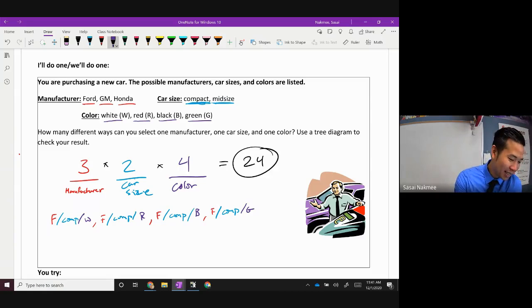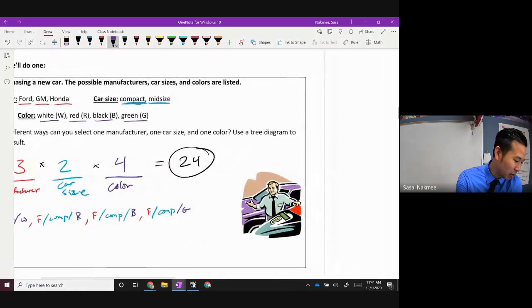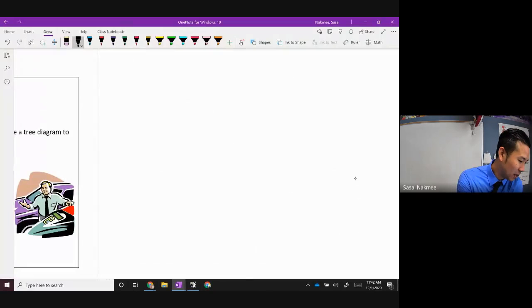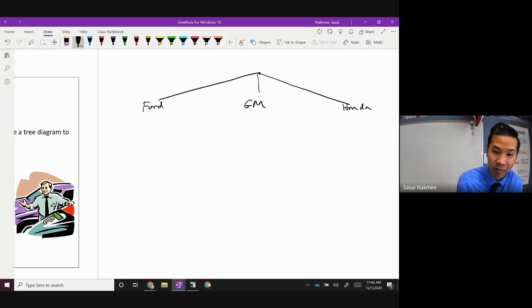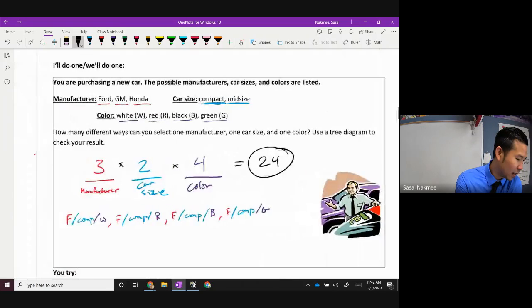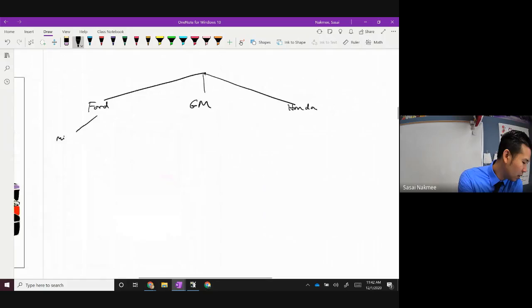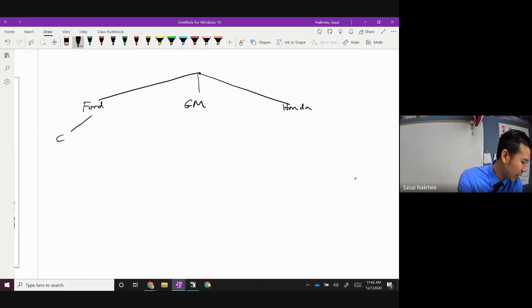All right. Anyways, I'm not going to list out all of these, but like I said, you could do a tree diagram. You could list them out like this. They all work the same way. With the tree diagram, it might be a little bit easier, right? You could do it vertically as well. You can say that you have a Ford right here, and in the middle you have General Motors, and then over here you have a Honda. So that's the 3 possibilities there. And then the car size for each one of them. You can go with compact or mid, and you can do that for all of these.